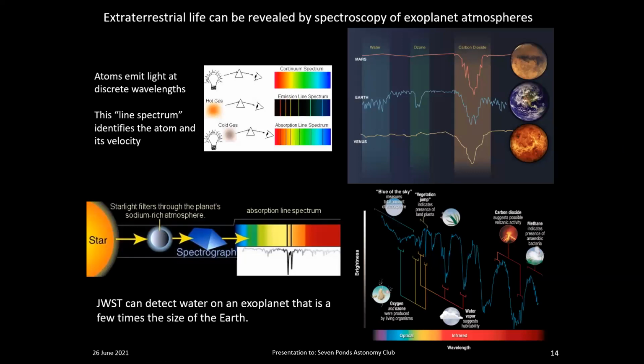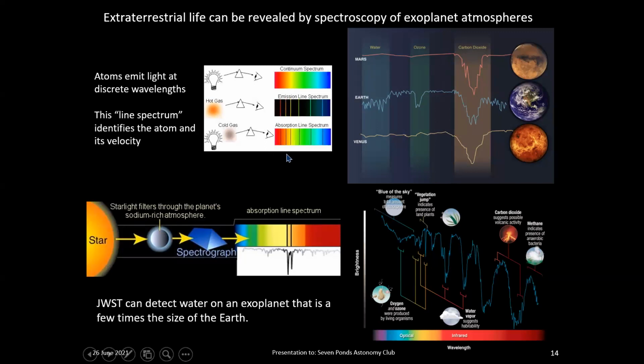So JWST will study the atmospheres of exoplanets, planets that are orbiting stars other than our own. It will use spectroscopy to probe the chemistry of those atmospheres.